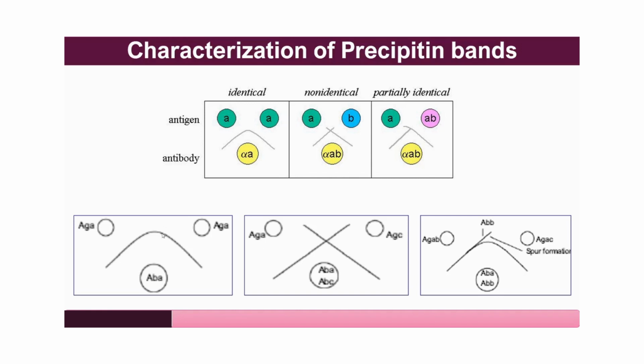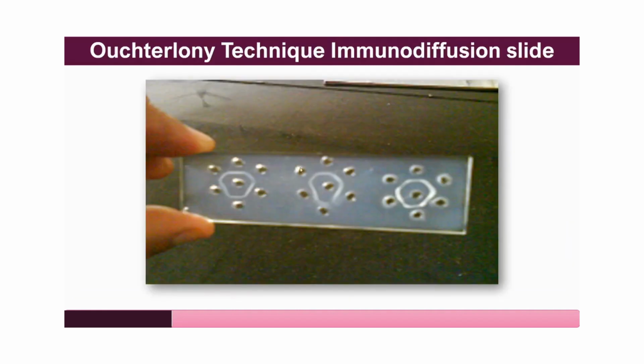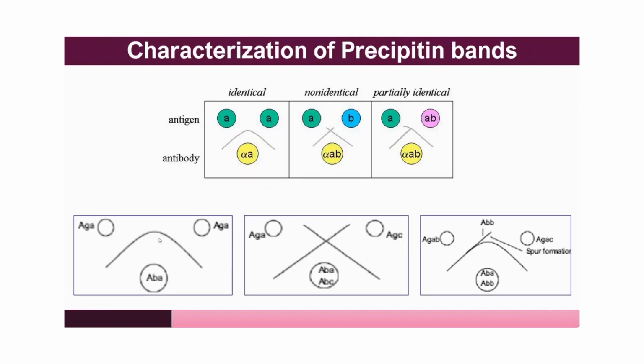And these two precipitin bands have met at this point. And if you go to the previous slide also, you can see the precipitin bands have met and it is a perfect inverted V shape and a smooth curve like we are seeing here. It's a smooth curve.